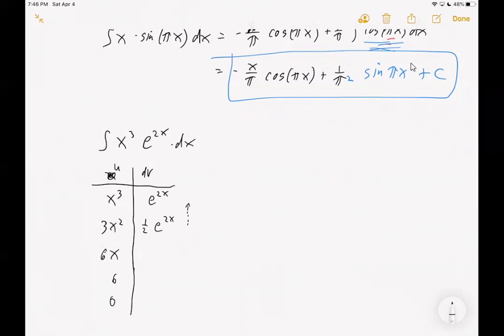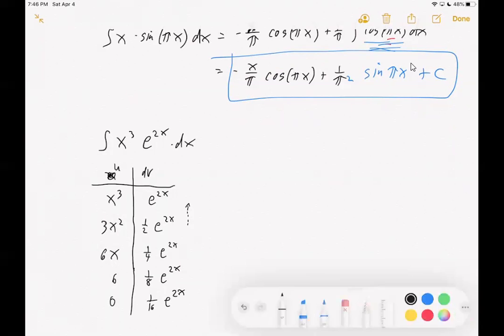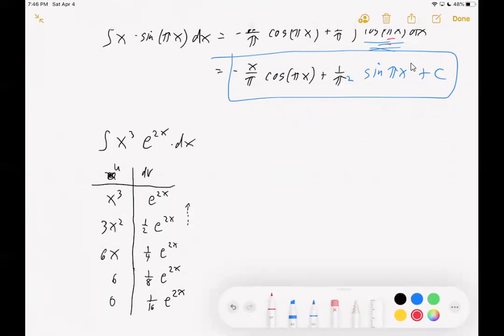So we need an extra half. So this will be 1/4 e to the 2x. This will be 1/8 e to the 2x, and this will be 1/16 e to the 2x. So that's where the guess and check antiderivative comes in, but you should be able to do that, and that will shorten the process a lot.